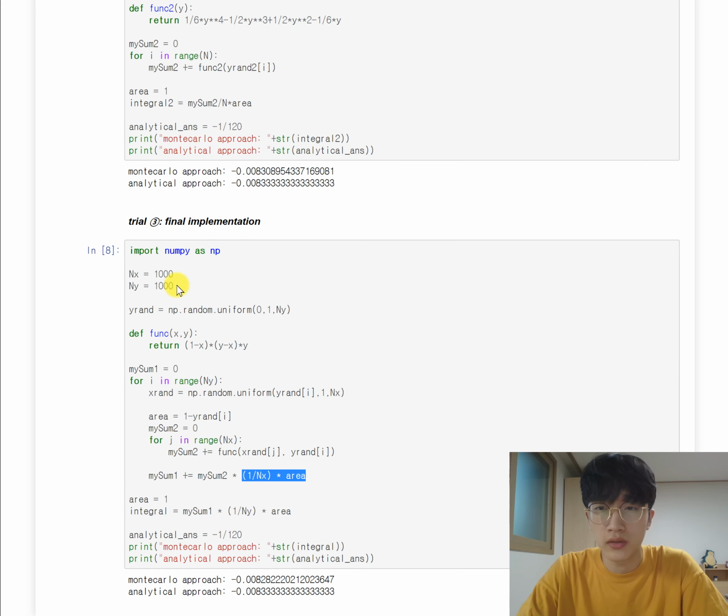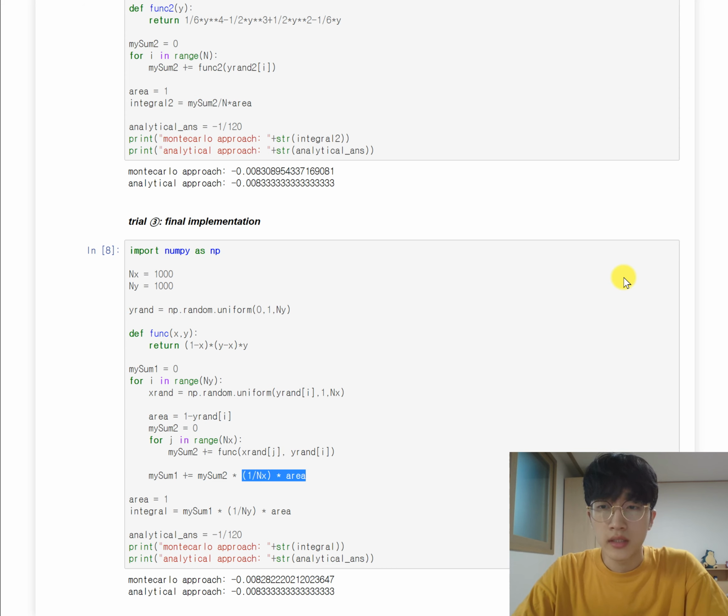However, I added two constants that represent the number of samples of both x and y respectively. I used, as I just said, 10,000 before, but now I set these as 1,000.